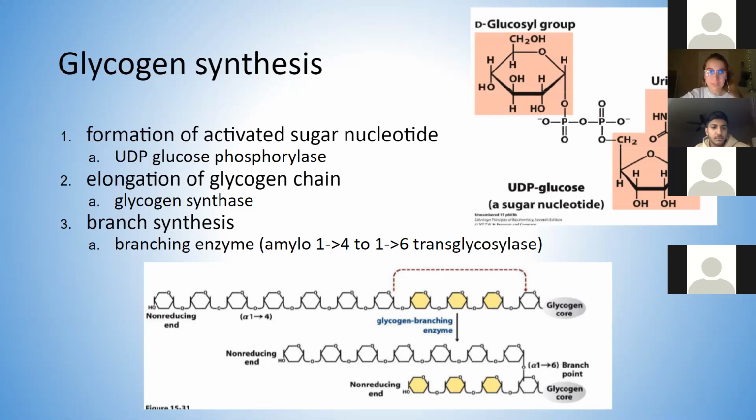This is a highly regulated enzyme. And essentially what we learn about the mechanism of glycogen synthase is that we are liberating UDP as we are condensing these activated sugar nucleotides together to create this glycogen chain. So it is important to note that glycogen synthase creates alpha-1,4 glycosidic linkages.